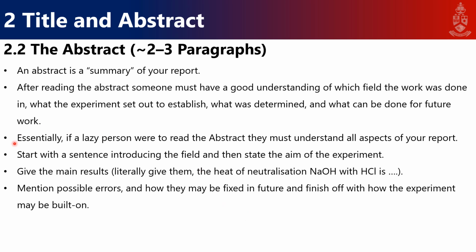So that should give someone a very broad idea, after they've read this, of exactly where you're coming from, what you did, and where we are going. Understand? So that's why it's a summary of your report. It summarizes all the sections that you will ever do in a report in 2 to 3 paragraphs. And like I say, 2 to 3 depends on how much you need to write for the specific report. Okay, so I hope this gives you some ideas of what needs to be in your abstract.